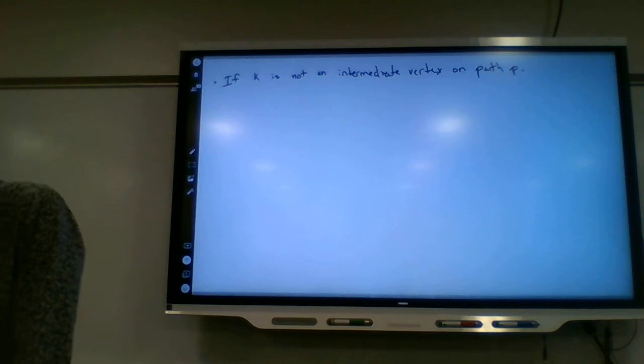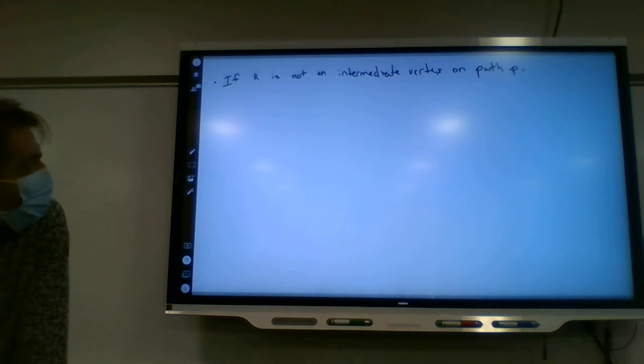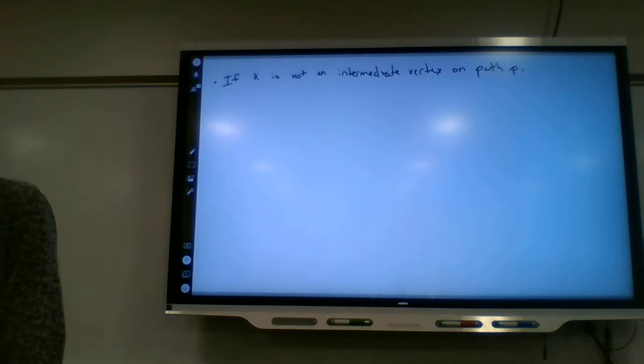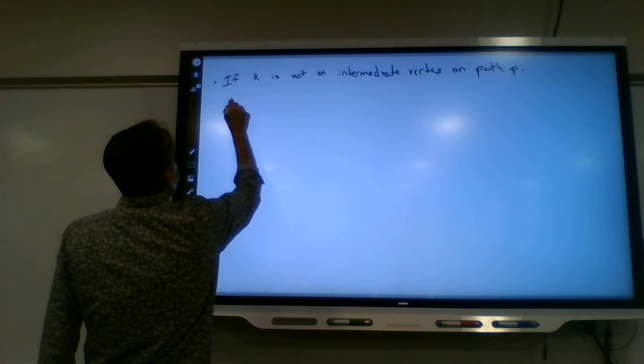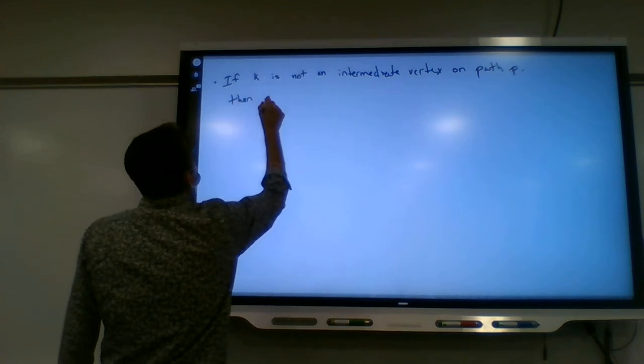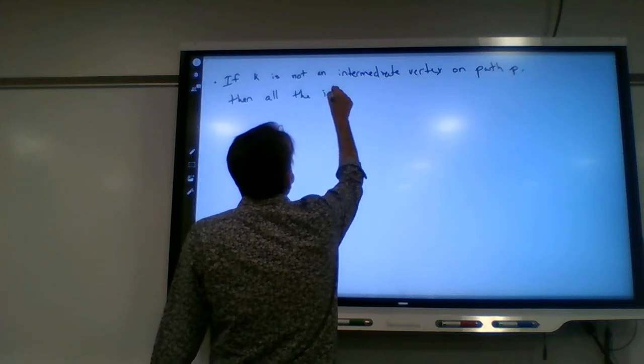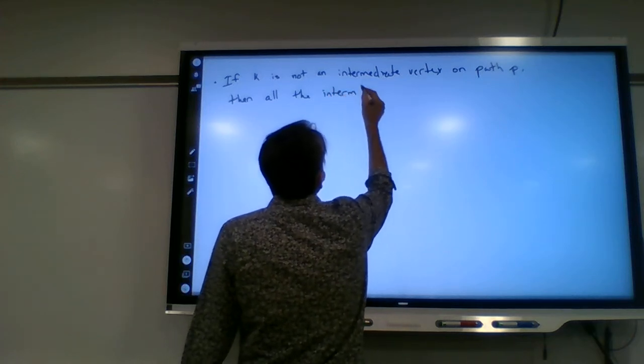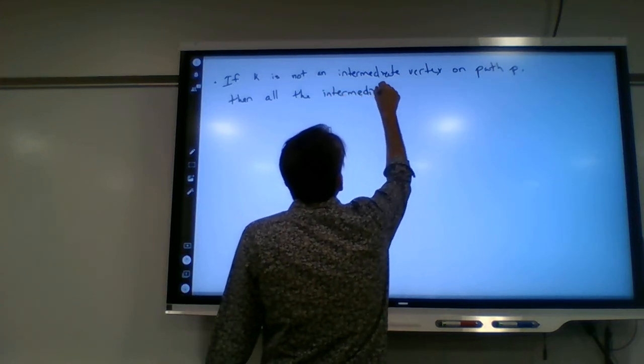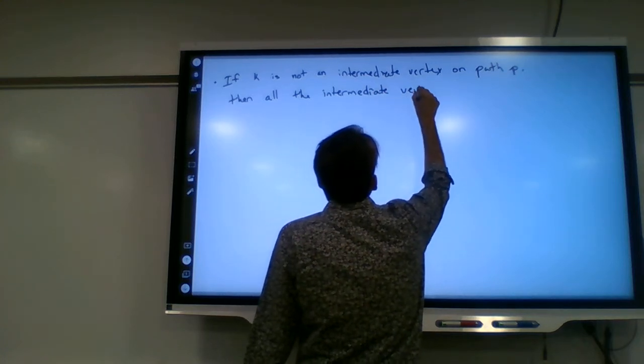If it's not an intermediate vertex on path P, I should have found a shorter way.